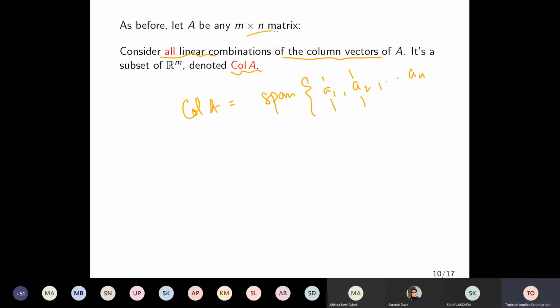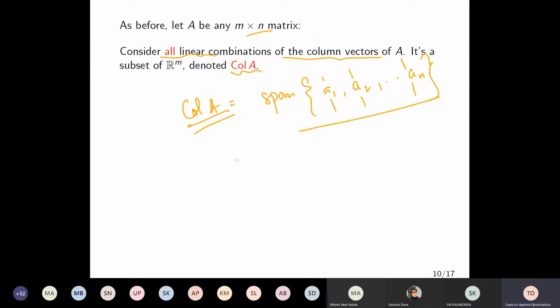This is an m by n matrix, so there are n columns. So the column space is a vector space, and this is how it is defined.